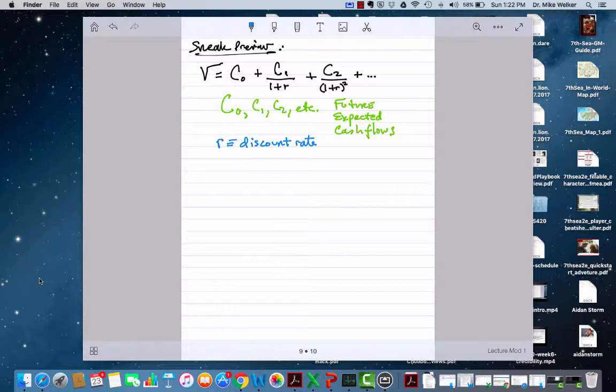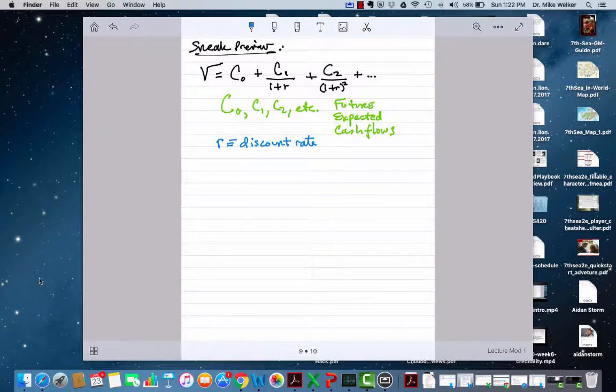You might have seen this before, perhaps in an undergraduate course. The equation basically says that if you're going to value a firm or an asset, you need some kind of forecast of the future cash flows generated by the owners of that firm or of that asset, an understanding of when those flows are coming.